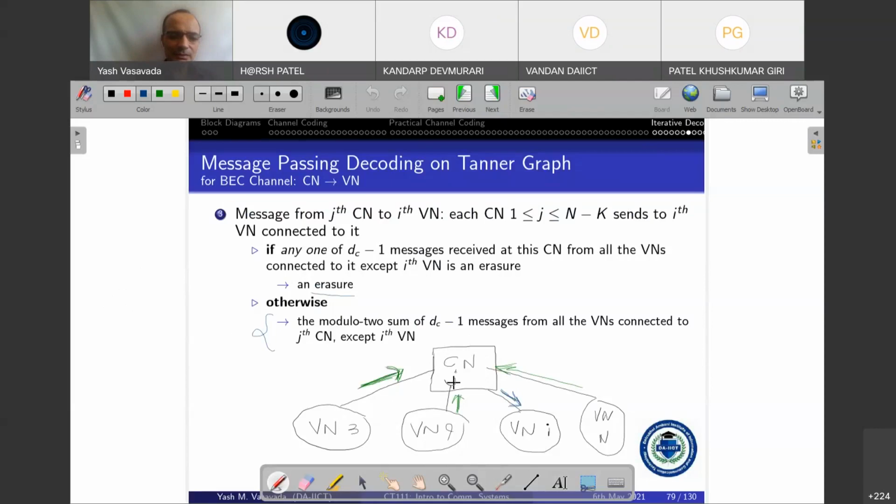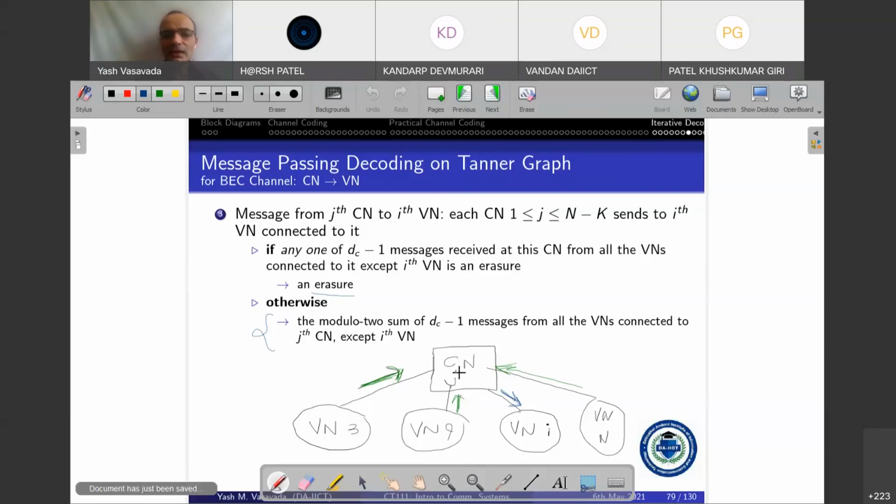SPC code, summation of all VN modulo 2. Yes, Kush, you are correct. CNJ is the SPC code. That is how we have defined this diagram in the first place.